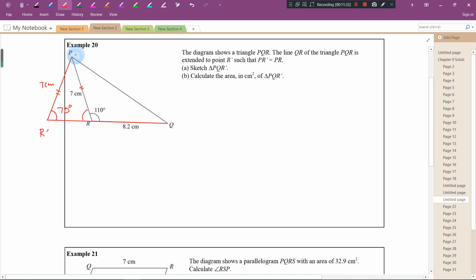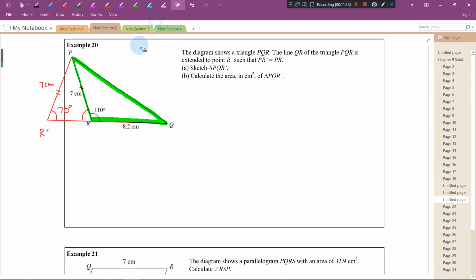Here this triangle actually consists of two triangles, right? One is over here, another one is over here. So if we can find the area of this triangle and this triangle, we just find the sum of them, then we will be able to get the area of this whole triangle.